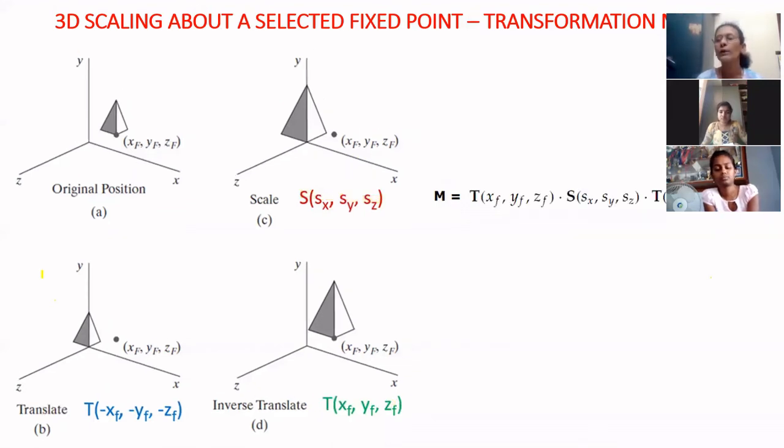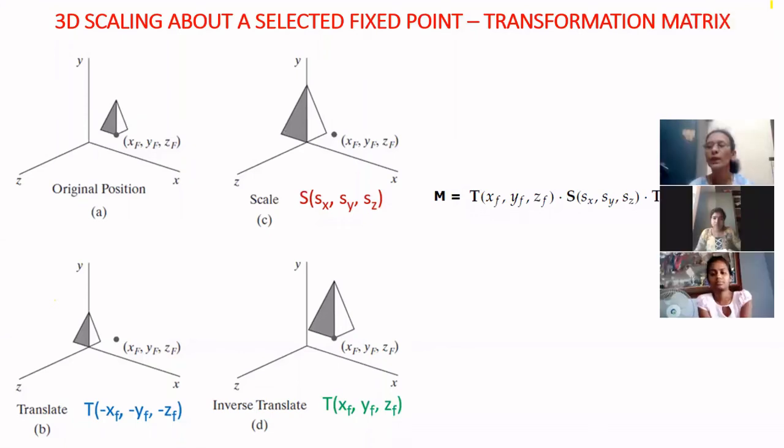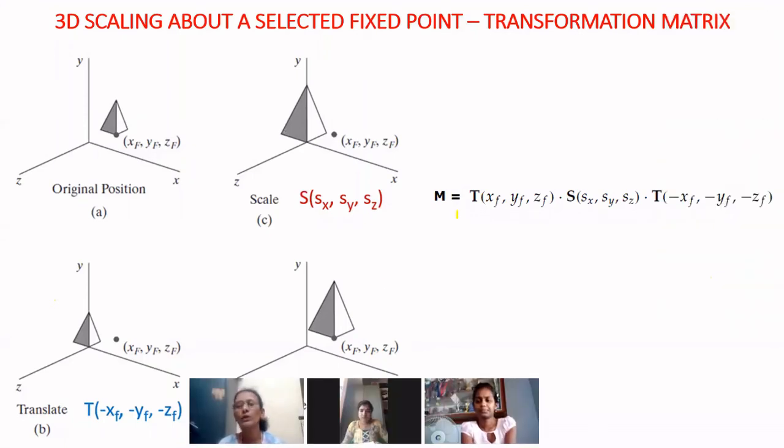So our overall transformation M equals translation by Xf, Yf, Zf, then scaling Sx, Sy, Sz, multiplied by the first translation T of minus Xf, minus Yf, minus Zf.